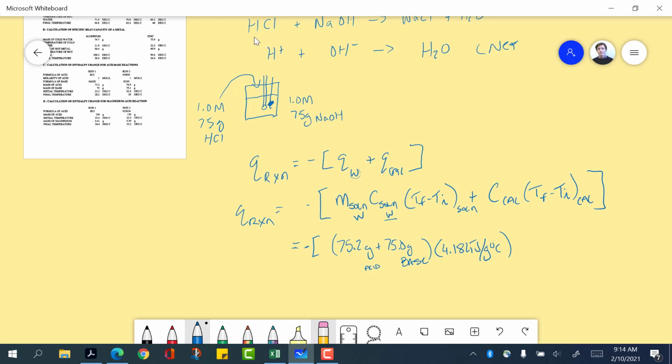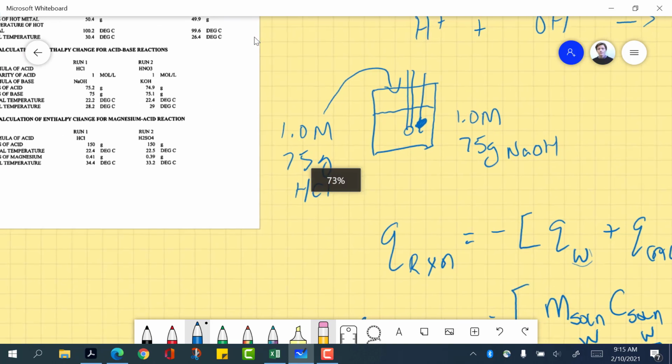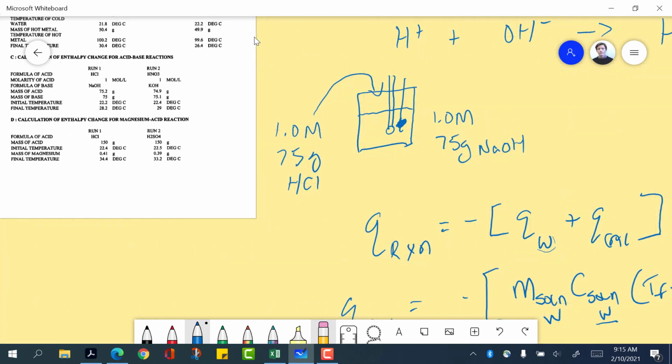And the change in temperature, well, they give the change in temperature as 22.2 degrees Celsius initially, and then it rose up to 28.2.